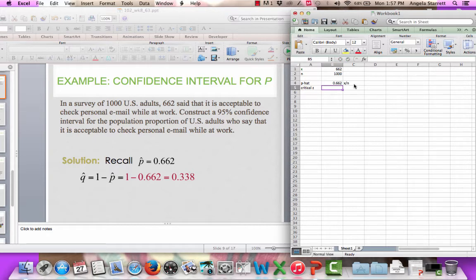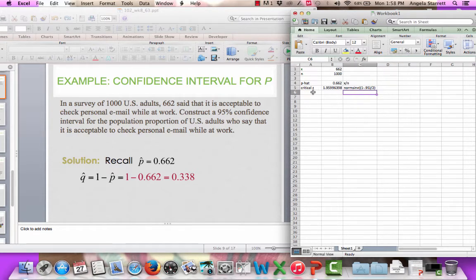Critical z equals the absolute value of NORM.S.INV, so we need to get the z-score given some probability. What is the probability? It's 1 minus our confidence, 0.95, divided by 2. So this is NORM.S.INV of (1 minus 0.95) divided by 2, and of course I did the absolute value of that.